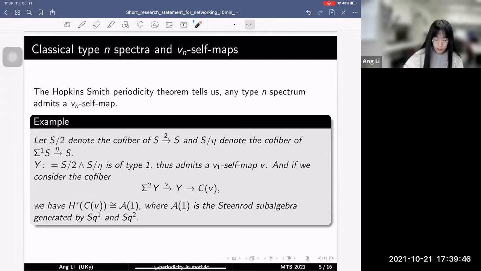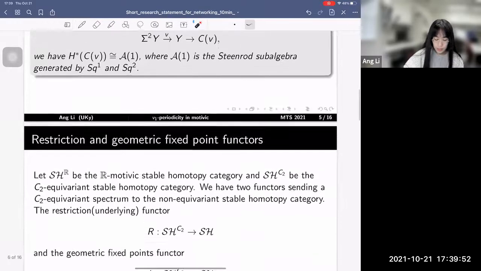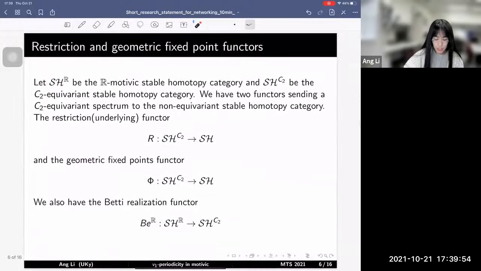So we would like to see this picture in R-motivic as well, but I had better talk about the connection between R-motivic and classical. So let's talk about things in the middle, that is the C2-equivariant stable homotopy category. We get two functors.